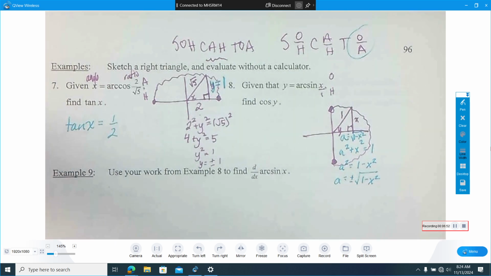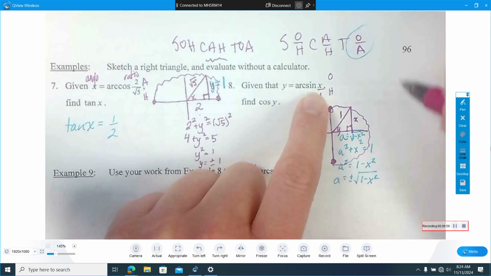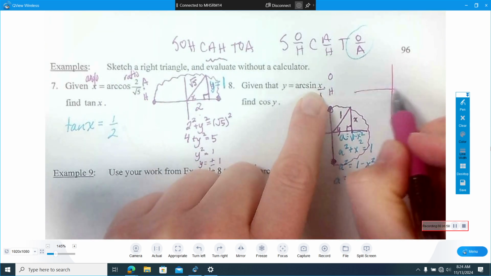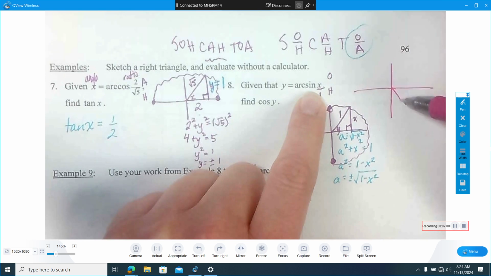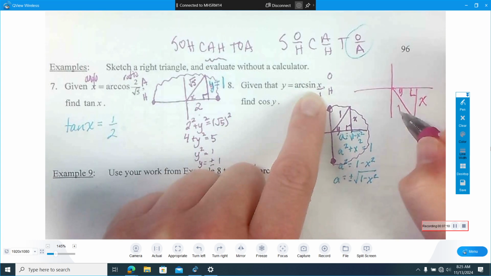This is interesting. Let me draw another triangle, because maybe that value for x is negative. So maybe I can draw a triangle down here. So y is, again, an angle whose ratio is x over 1.